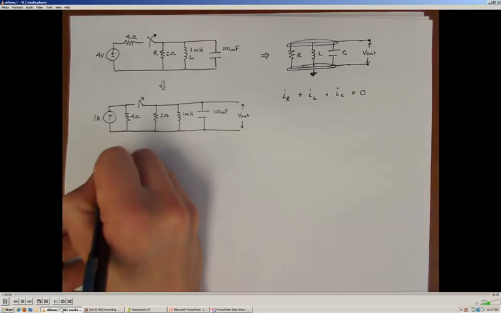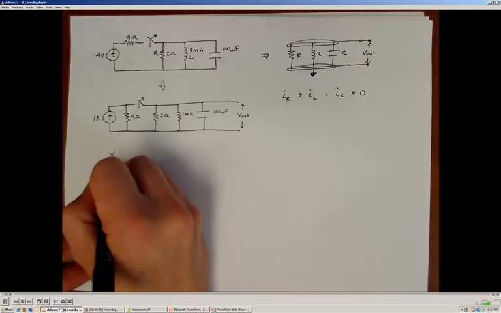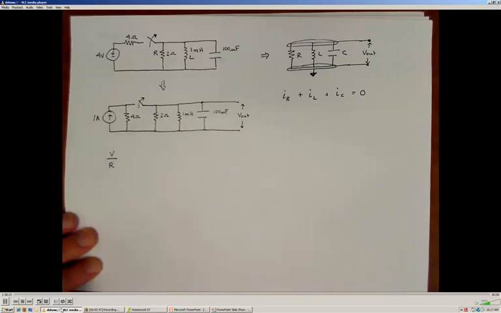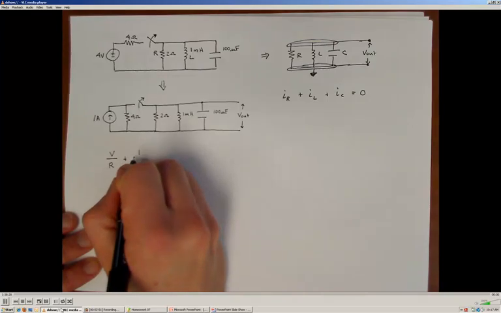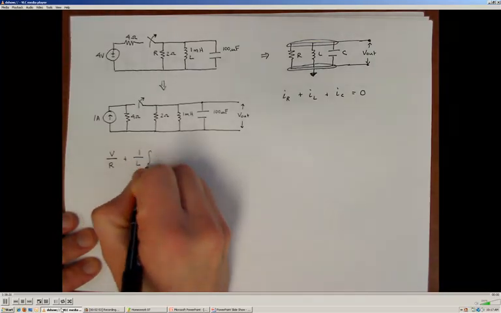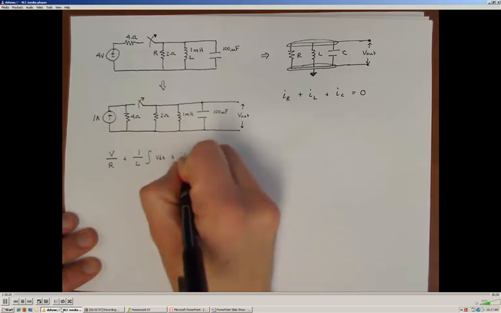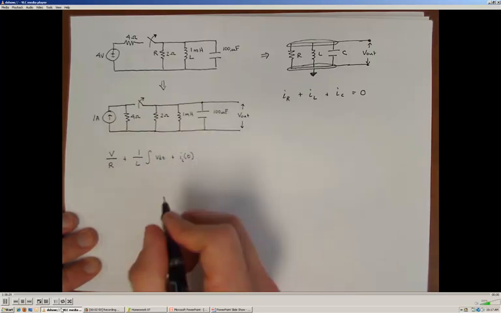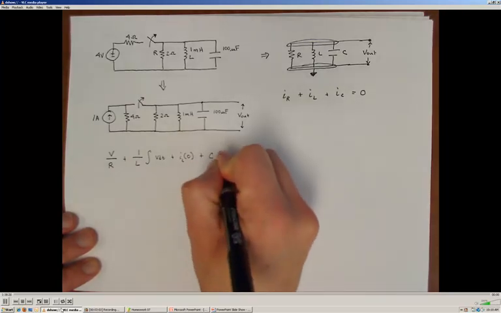For the resistor, it's the output voltage V divided by R. For my inductor, the relationship is 1 over L times the integral of V dt plus the initial current through the inductor at time 0. And for my capacitor, it's C dV/dt.